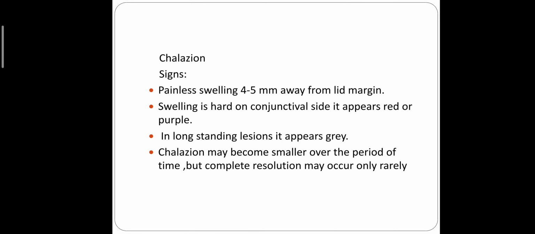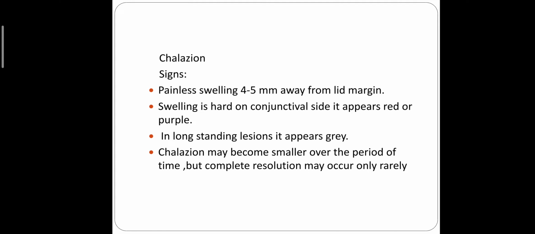Then the swelling appears hard on the conjunctival side, and on eversion you can see it appears red or purple in color. On long standing it can become gray. It appears gray.